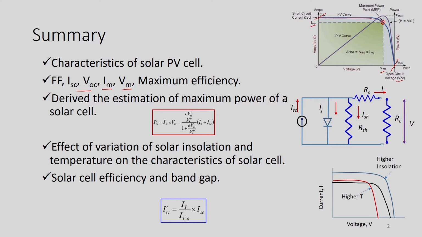In order to analyze the performance of a solar cell, we have to take help of this equivalent circuit diagram, which comprises a current source which provides ISC, Ij is the current flowing through this PN junction, ISH is the current flowing through the shunt resistance, and I is the current which flows through the load resistance having a voltage drop of V. Normally, this shunt resistance RSH is very high compared to RL, and this internal series resistance RS is very low compared to RL.